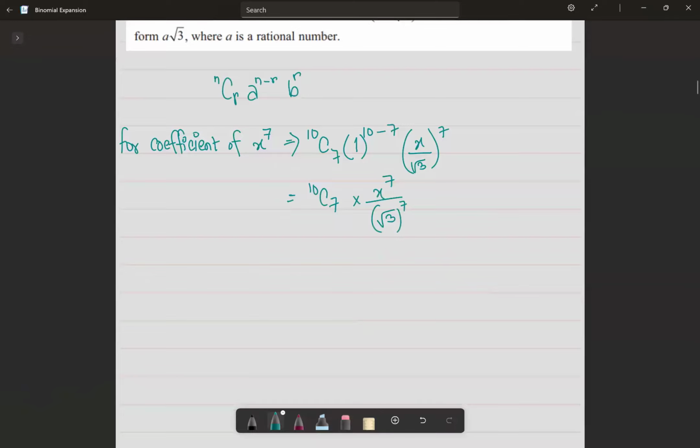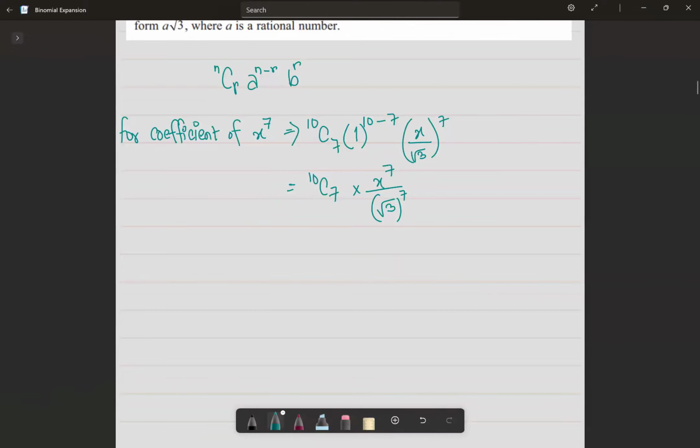Now for the coefficient, we know that the coefficient of x to the power 7 means any term or any number that is with x to the power 7. So what do we do? The coefficient is 10C7 into 1 by root 3 to the power 7.